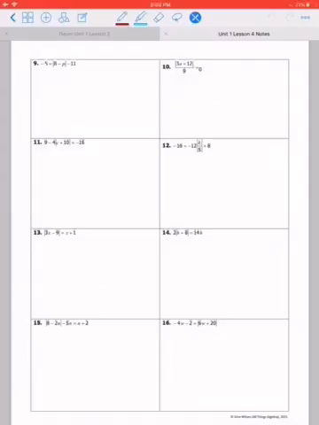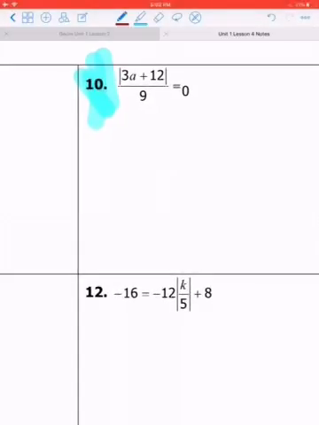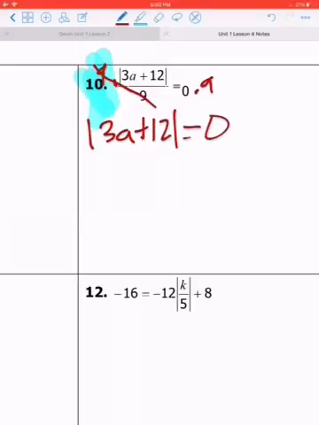Okay? So let's skip around here and do 10 first. Okay, because this equals 0. So our first step would be to times both sides by 9. So we get the absolute value of 3a plus 12 equals 0. Okay? And so now we can split into positive 0 and negative 0.